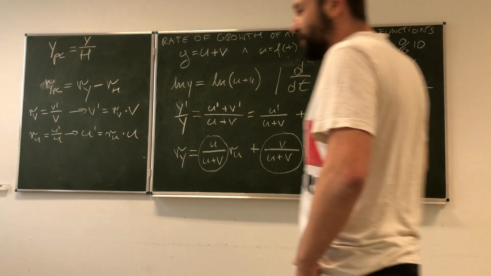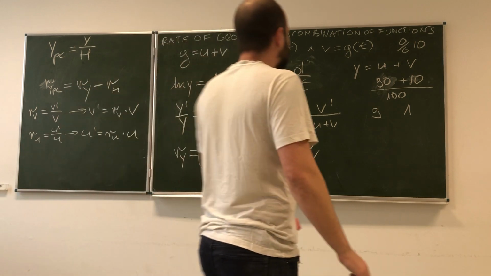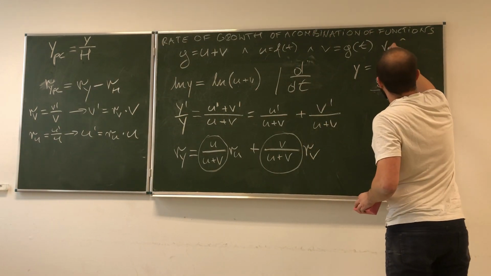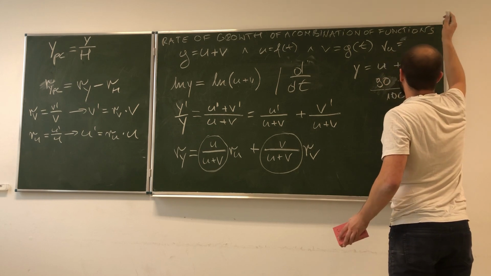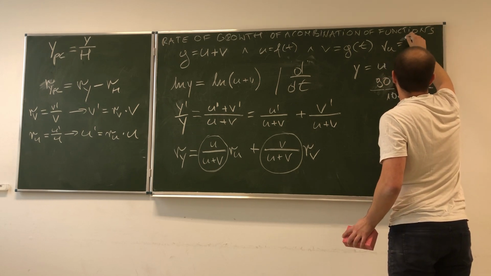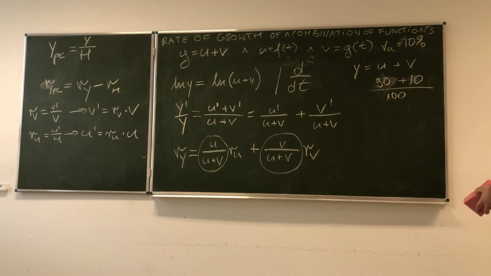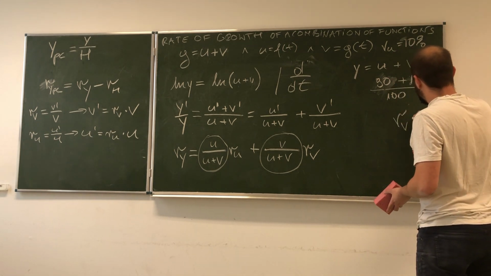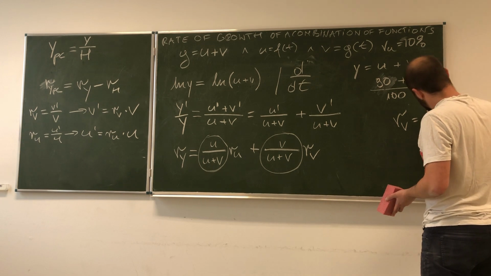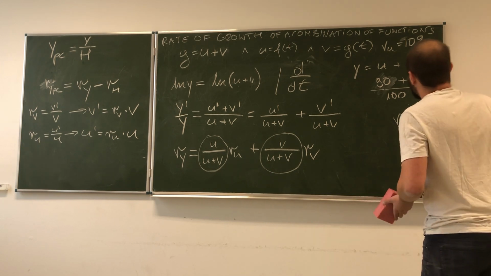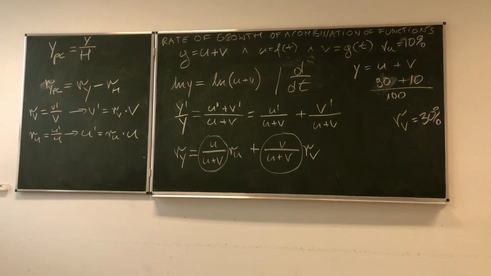Now, let's imagine a different situation. Let's say the growth rate of u is still 10%, but the growth rate of v is 30%. By how many percent is y going to increase?